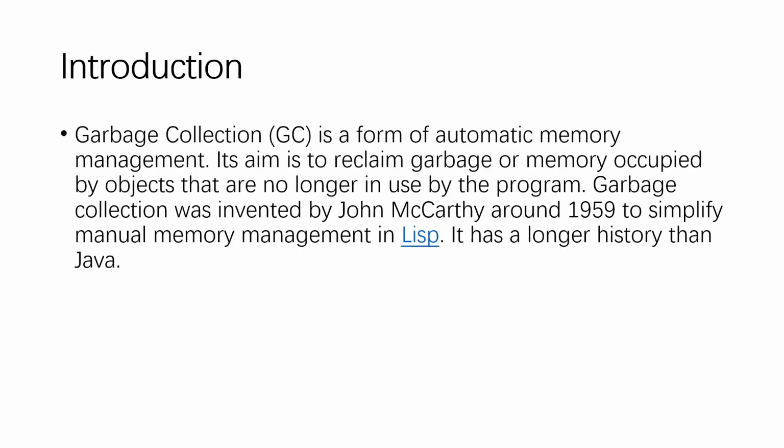Its aim is to reclaim garbage, or memory occupied by objects that are no longer in use by the program. Garbage collection was invented by John McCarthy around 1959 to simplify memory management in Lisp. It has a longer history than Java.